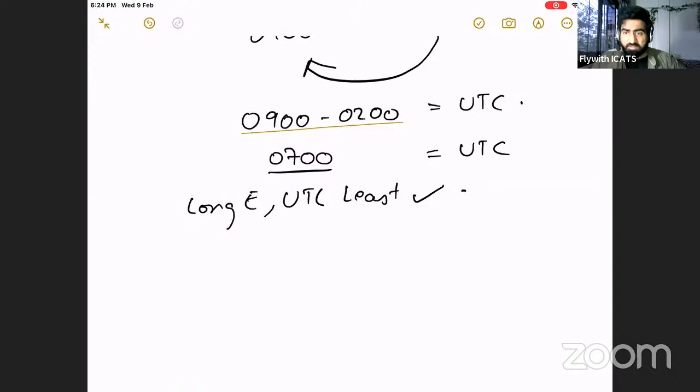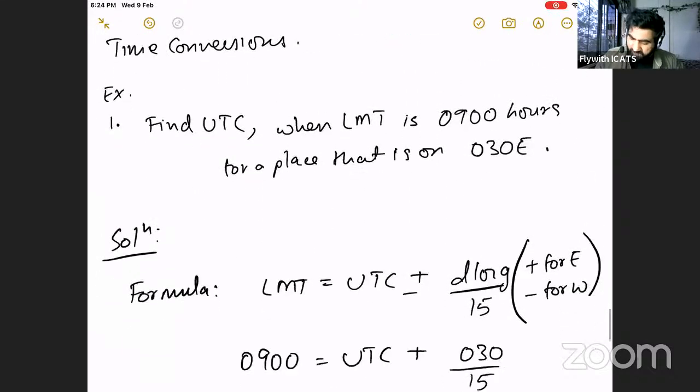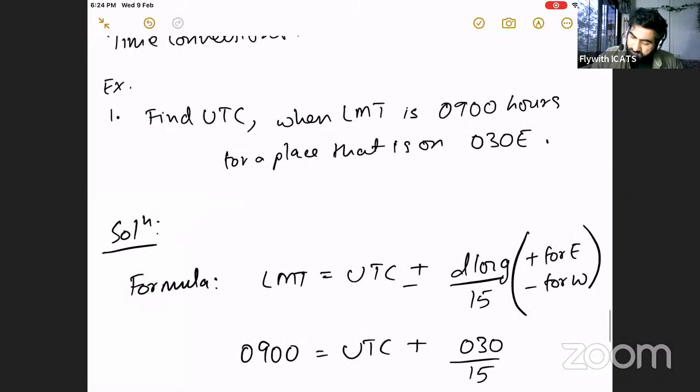Good job, everyone. Mohammed Azam, longitude west, UTC best. But are we at west longitude? Look at the meridian in the equation. That place is on a meridian 030 east. So meridian is UTC east. Okay, you tried for west. All right. Good.